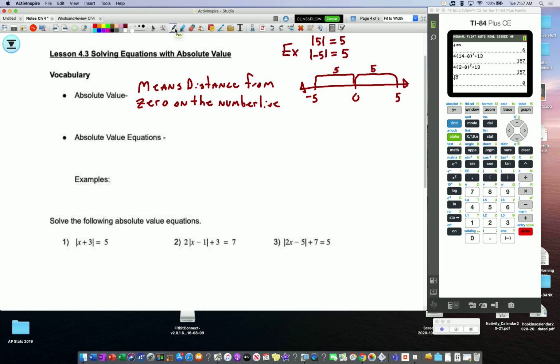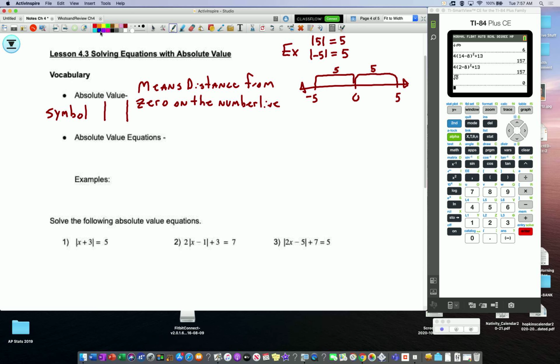One of the things to note is that the symbol of the absolute value is these bars. When something is in those bars, we consider it absolute value, which leads to our absolute value equations.